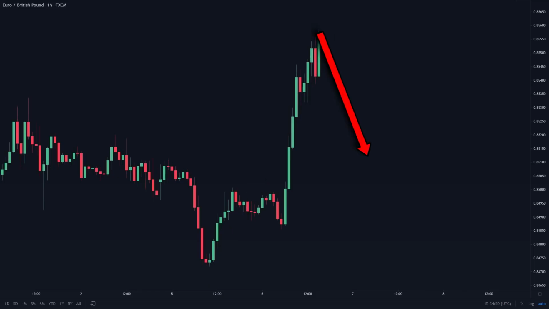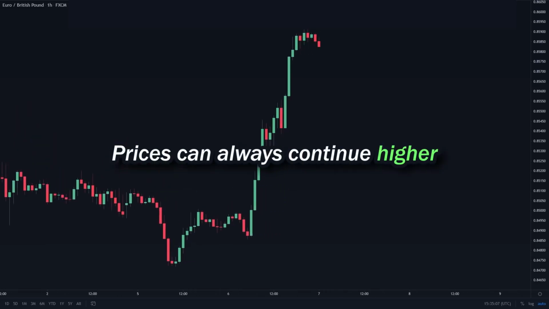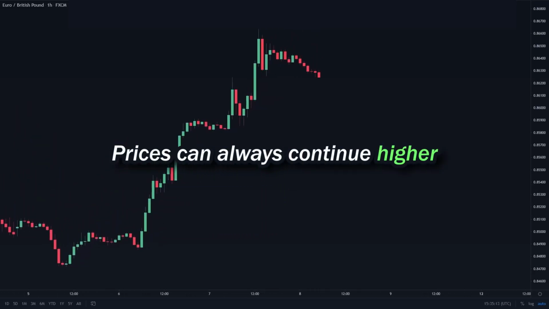This is actually the wrong mindset to have, because think about it. If prices are going higher and higher, it means that the upwards momentum is strong. So if you tried shorting this market just because you thought it was too high, then you're actually trading against a trend, which is not a good idea. Remember, prices can always continue higher.